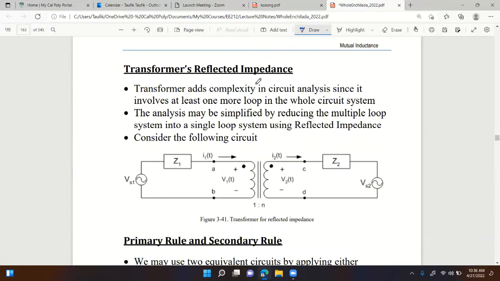So you have actually seen this concept before. It's called reflected impedance with a linear transformer. Remember, you were able to reflect impedance on the secondary side to the primary side, right? We can also do the same thing for ideal transformers, right? The reason why we need reflecting impedance is that sometimes it is easier for us to just reduce the circuit into a single loop circuit.